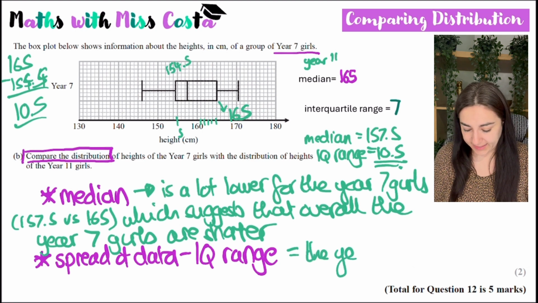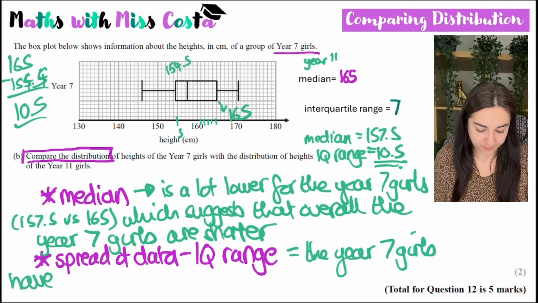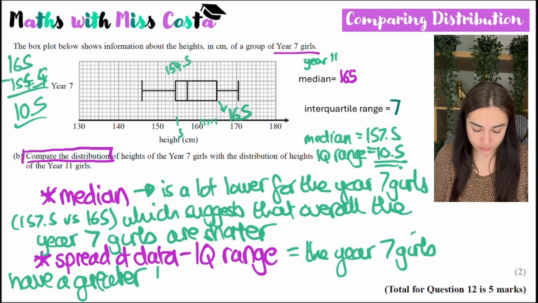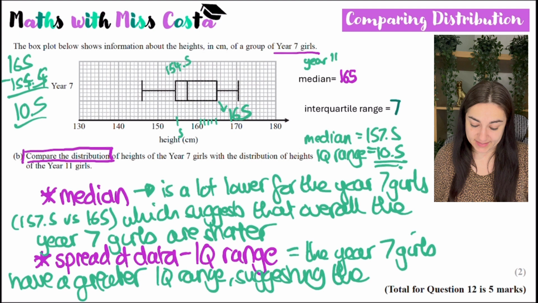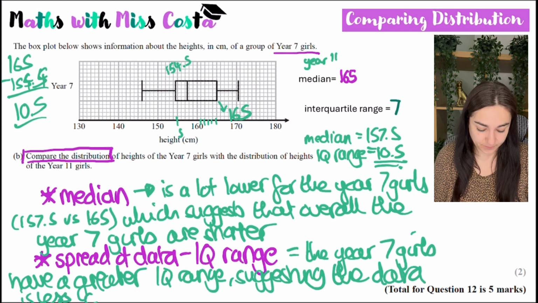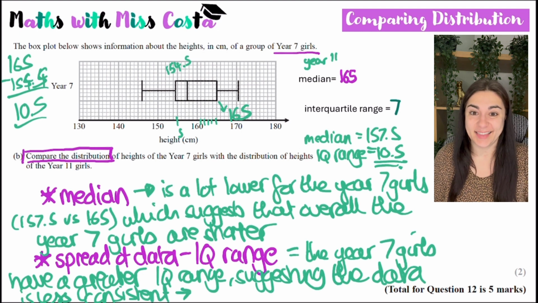The Year 7 girls have a greater interquartile range, suggesting the data is less consistent. So what that means is that there's a greater variety of heights.